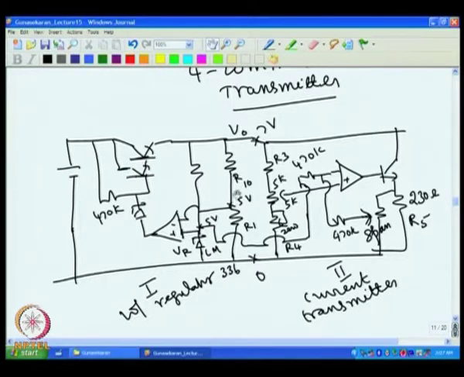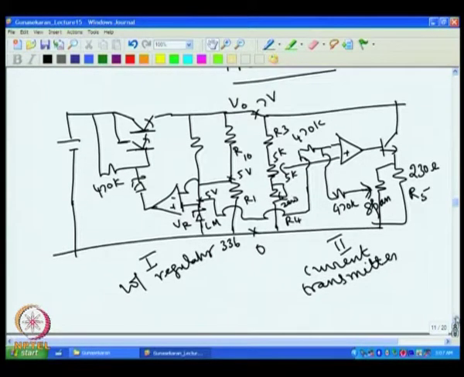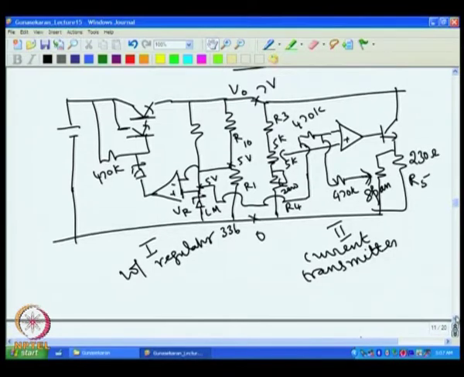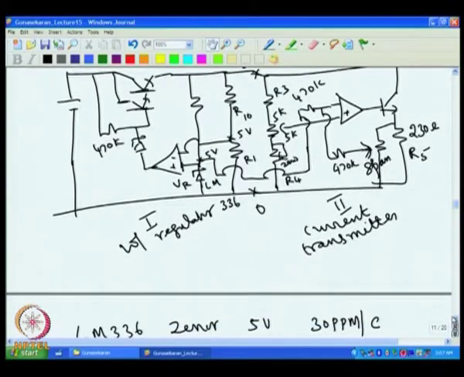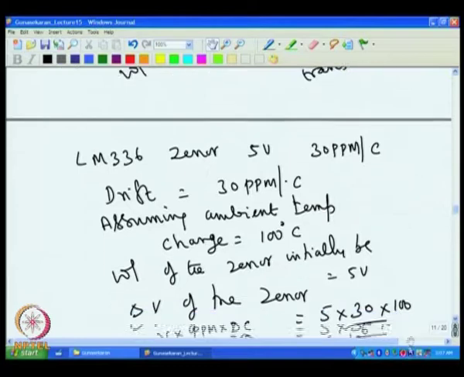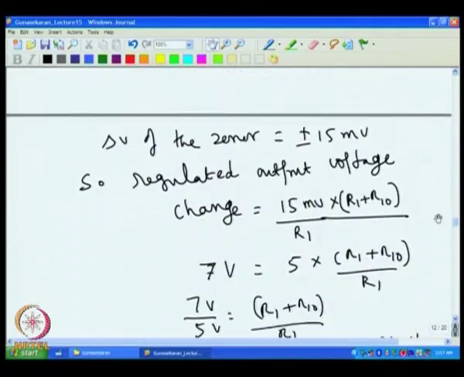That will make 1.5 into the corresponding multiplication factor, around 4 millivolt change expected at the output. That will also make the current drift. So we can now calculate the error due to the offset voltage drift of the op amp present in the voltage regulator part of this circuit.